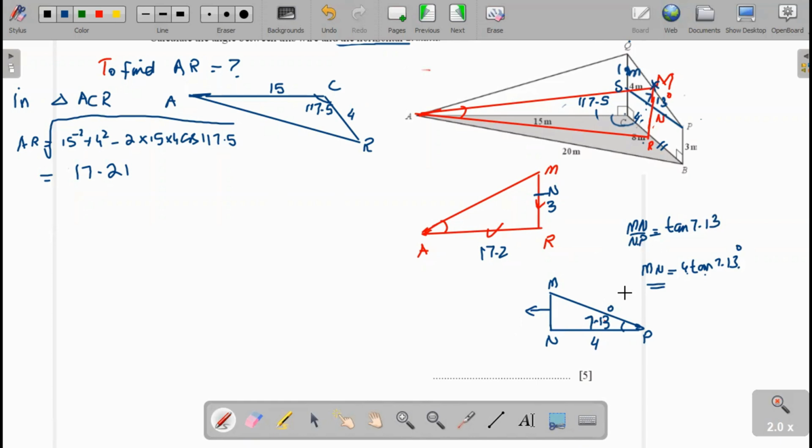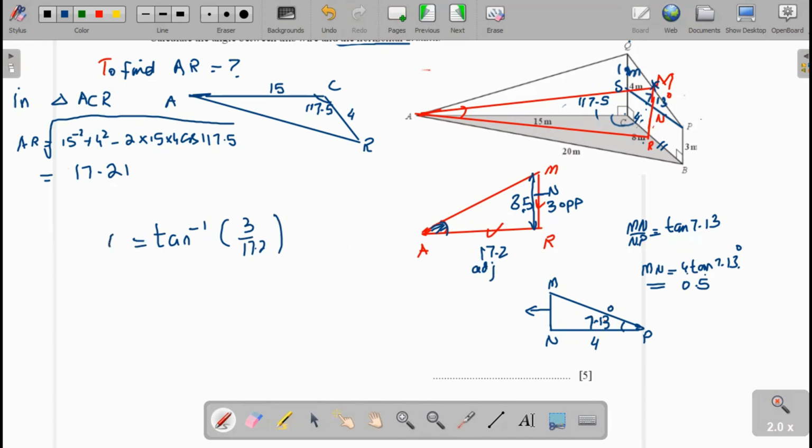Now we calculate it. 4 multiplied by tan 7.13 degrees. The answer is 0.5. Therefore, that total length will be equal to 3.5. Now we calculate this angle very easily. Theta will be equal to tan inverse of 3.5 over 17.21. This is the opposite side and that is the adjacent; opposite over adjacent is tan theta.